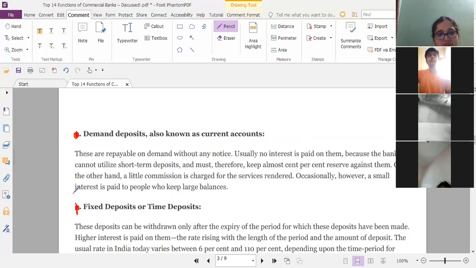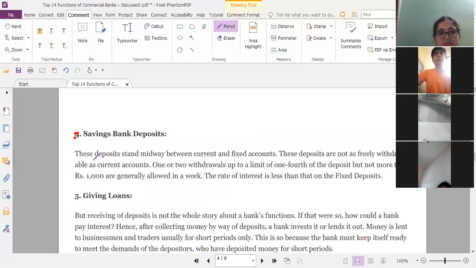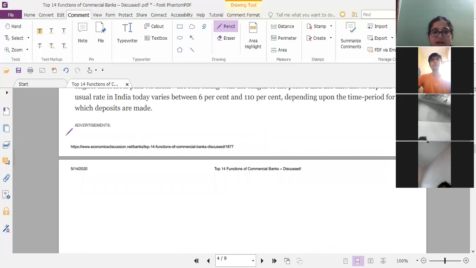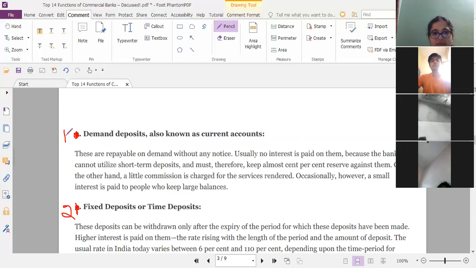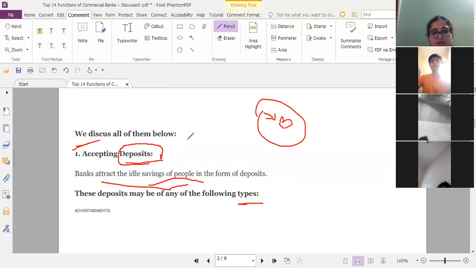The second type is fixed deposit, also called time deposit. The third one is savings bank deposit. So these are the three types of deposits: demand, fixed, and savings. You can put an arrow mark like this and write all those three here at the start.